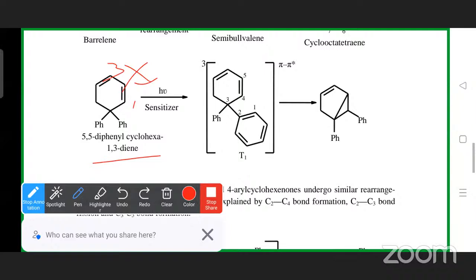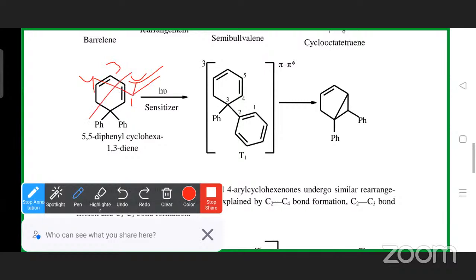This is not valid, so you expand this. You expand this benzene here. Then 1, 2, 3, 4, 5. So it is 1,4 here, because 1, 2, 3, and 4.